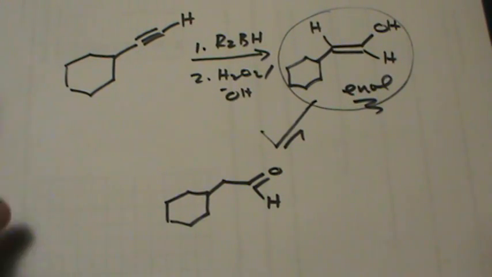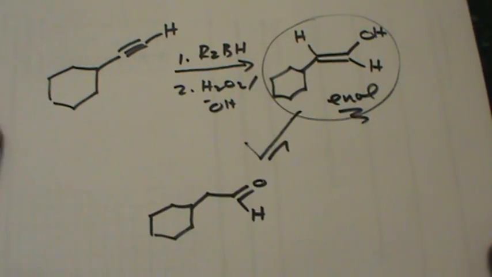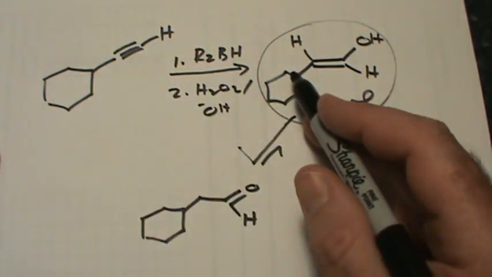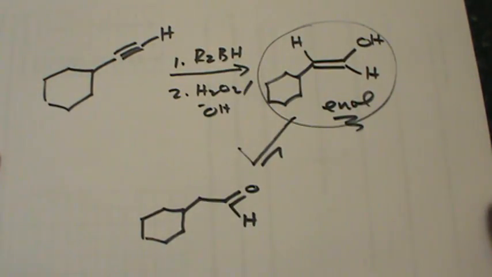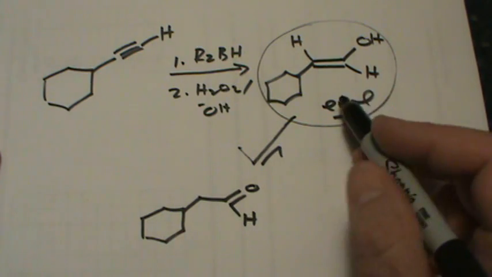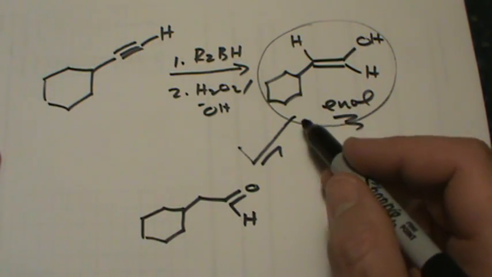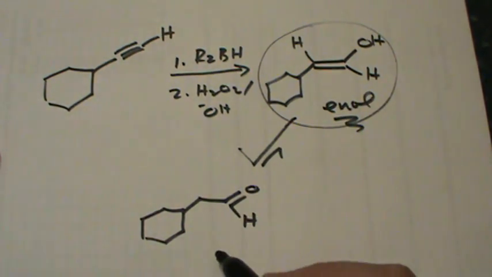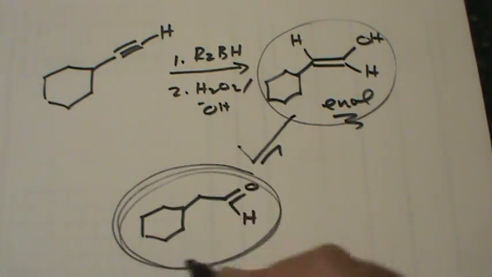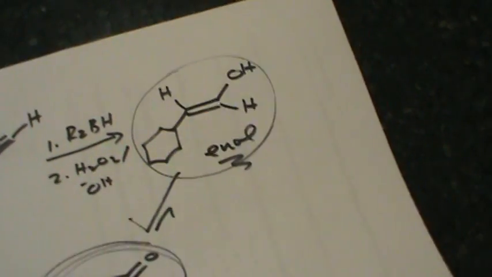It's not uncommon for students to list the enol as the final product as a result of either a Markovnikov or, in this case, an anti-Markovnikov hydration sequence, but you've got to recognize that you've got an enol that rapidly equilibrates to the corresponding aldehyde or ketone, and you need to show the aldehyde or ketone as the product. So I'm really talking about a predict the product type question here.